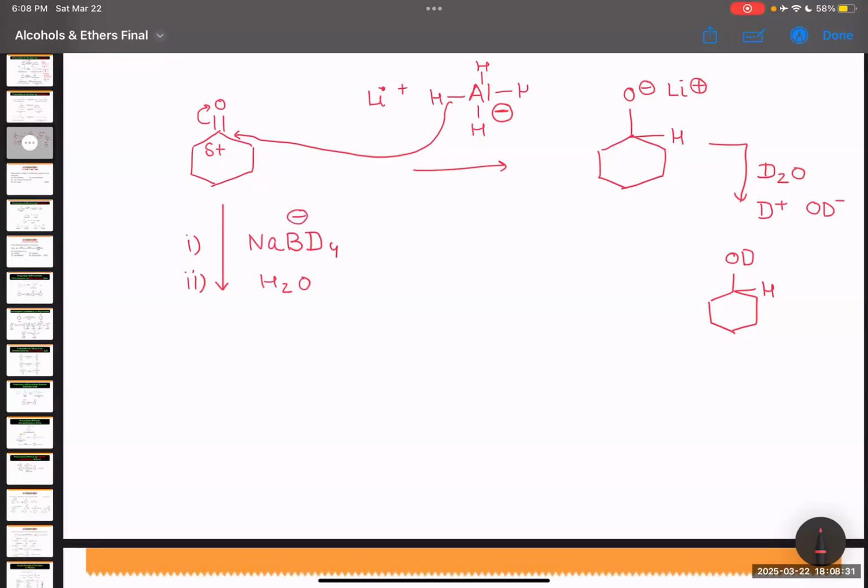This D minus is going to come and join itself to the carbon of the C=O double bond. Okay, this is D, and O minus is going to come, will be neutralized by the water, OH. So I hope this is clear which isotope to be connected.